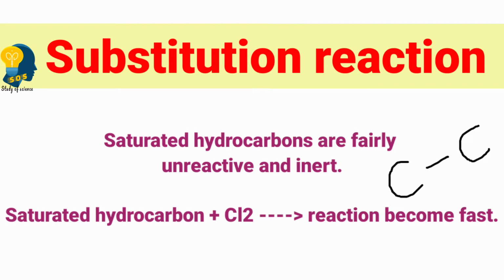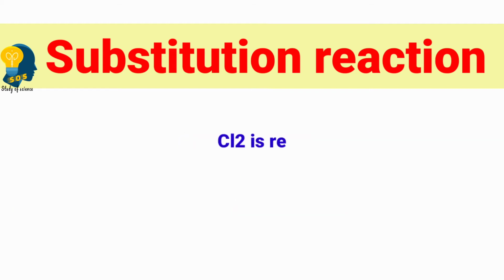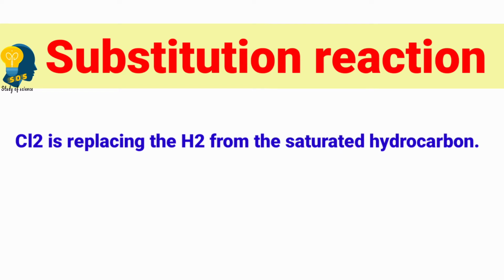But in the presence of sunlight, chlorine is added to hydrocarbon to make that reaction very fast. When chlorine is added in the presence of sunlight to a saturated hydrocarbon, that reaction becomes fast. So here the chlorine is replacing the hydrogen from the saturated hydrocarbon.